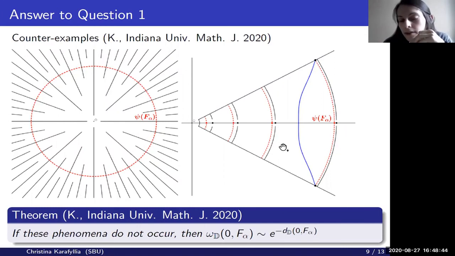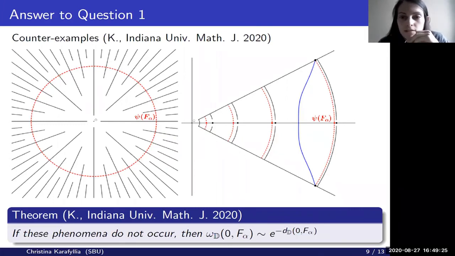Now, the other counterexample is this. In this example, despite the fact that the number of components of psi f alpha is finite because there is only one component here, the answer is still negative because here there is a sequence of alpha n such that the hyperbolic distance between the arc psi f alpha, which is denoted by red color, and the hyperbolic geodesic joining these endpoints, the hyperbolic distance between these two curves tends to infinity as alpha tends to infinity.